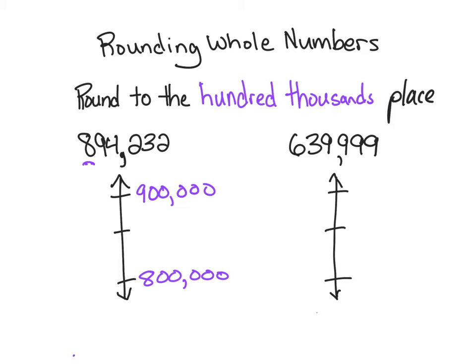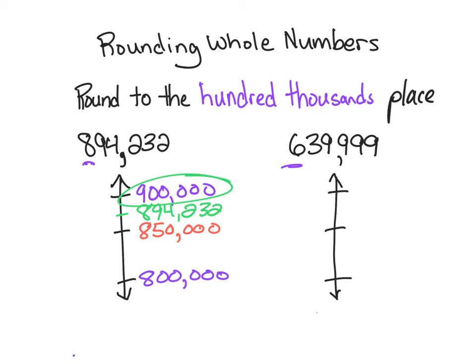Halfway between those two numbers, of course, we have 850,000. Now we just have to ask ourselves, is 894,232 bigger or smaller than 850,000? It is, of course, larger. So we would plug it in right here. And this one would round to 900,000.